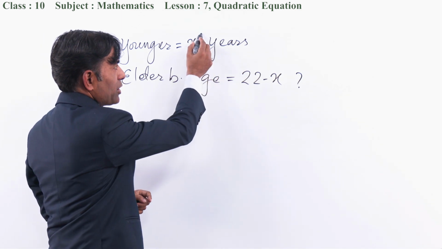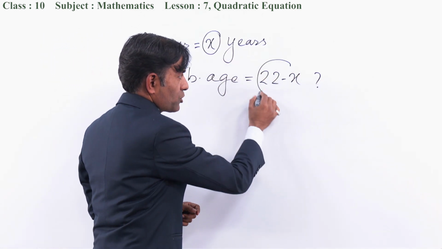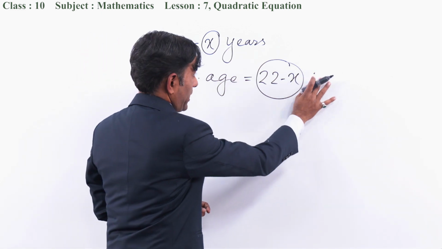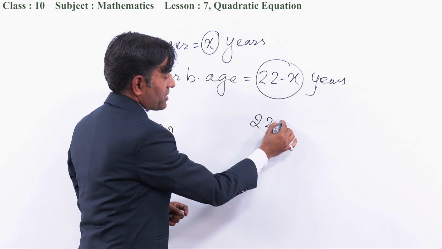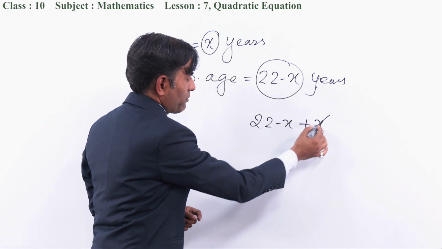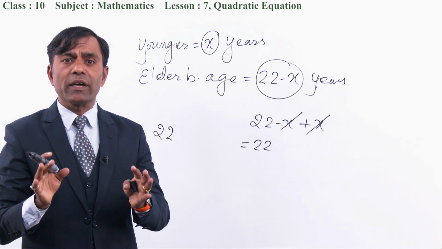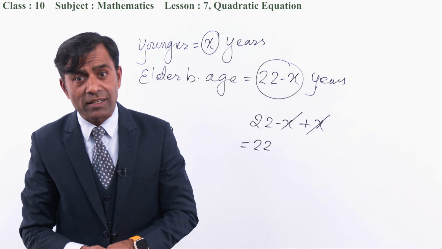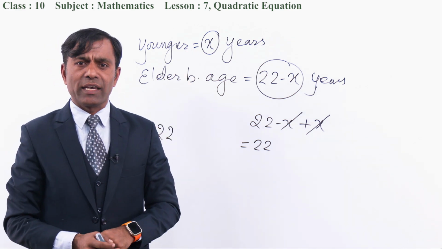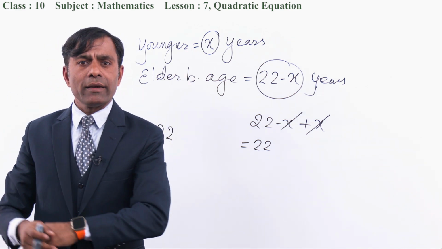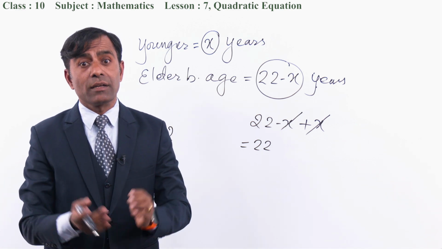Now when we suppose the younger brother's age is X years, then the elder brother's age is 22 minus X years. Let's add them: 22 minus X plus X. Now minus X and plus X cancel. The result is 22. The sum of the ages is 22. That's correct. The sum is given as 22, so when one is X, the total minus one brother's age, that remaining age, is the age of the other brother.